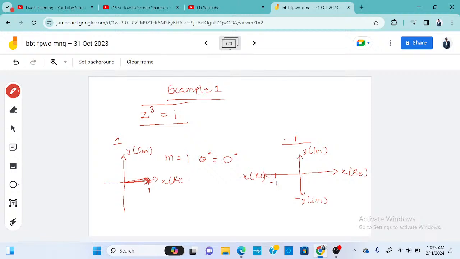Our goal here is to find the argument theta, because we already know that its modulus is 1. So to find theta, what do we do? We need the angle from the positive x-axis to our complex number negative 1. That is z is equal to negative 1.